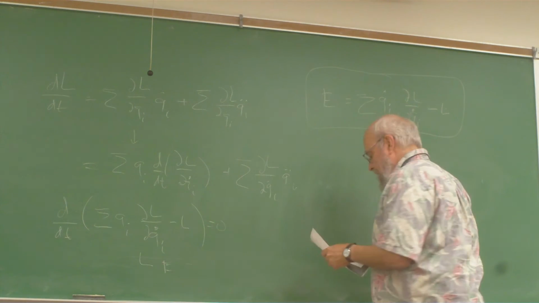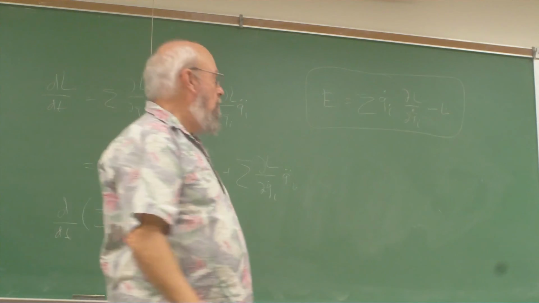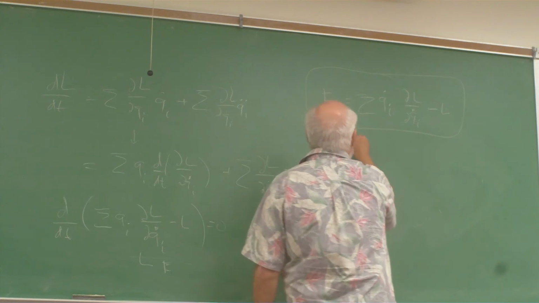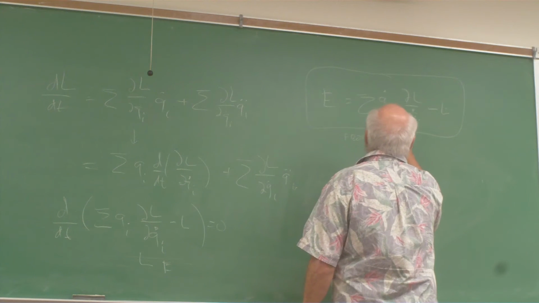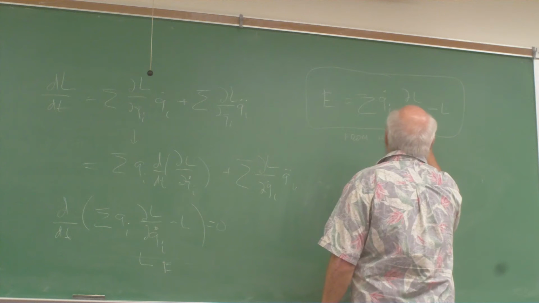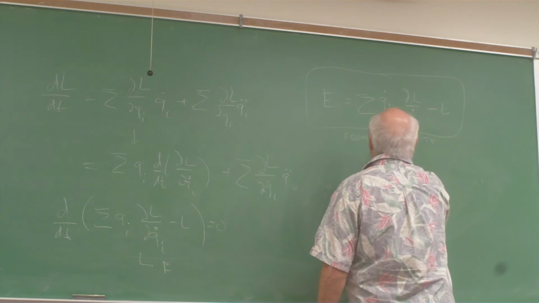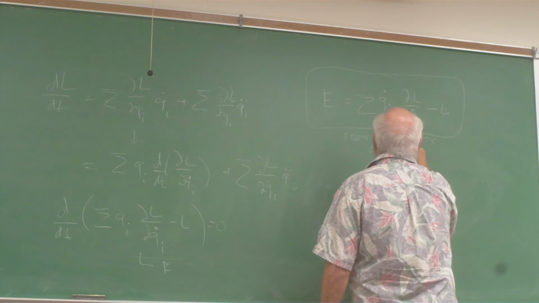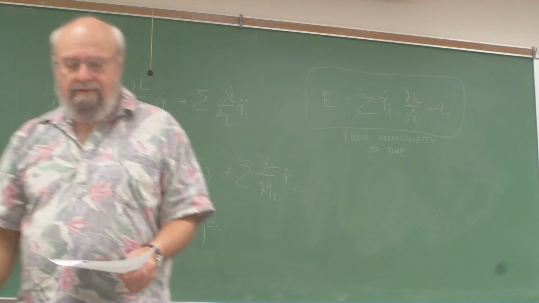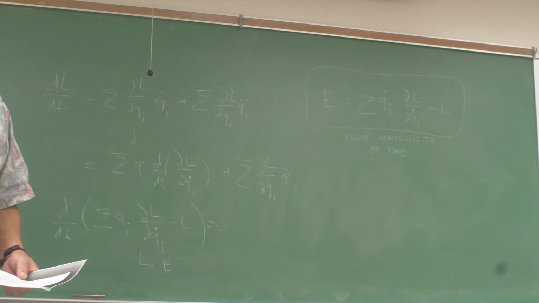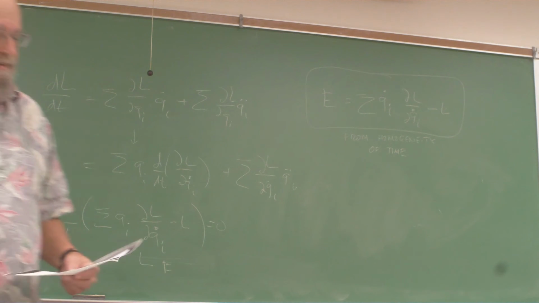No. Yeah, minus L, and that comes from the homogeneity of time. Remember where this comes from. So that's all we really had to put in to get conservation of energy.